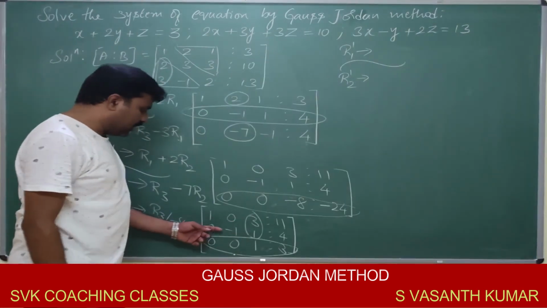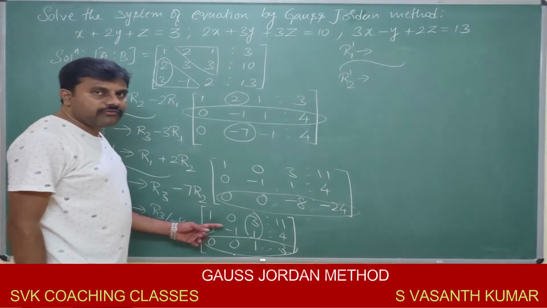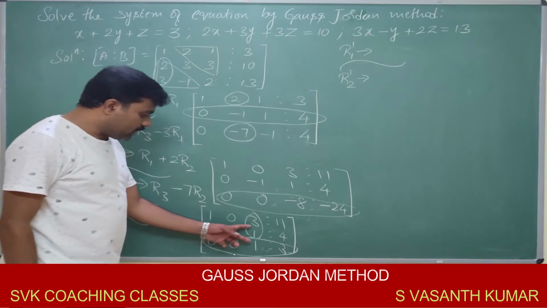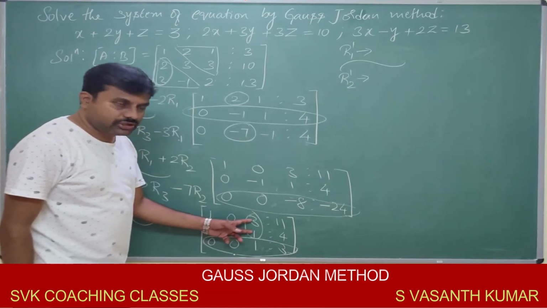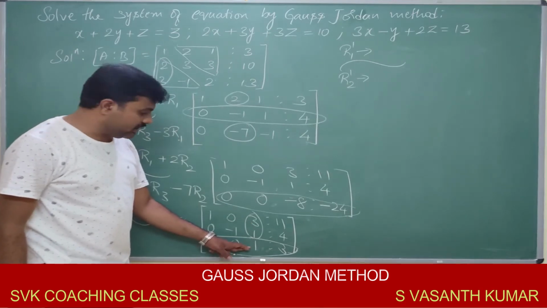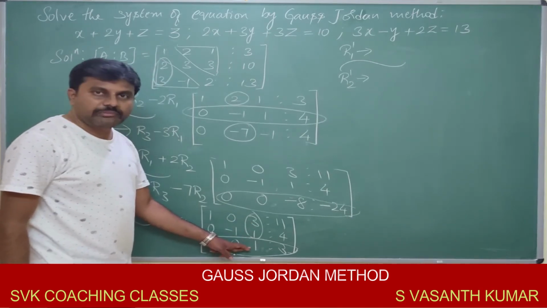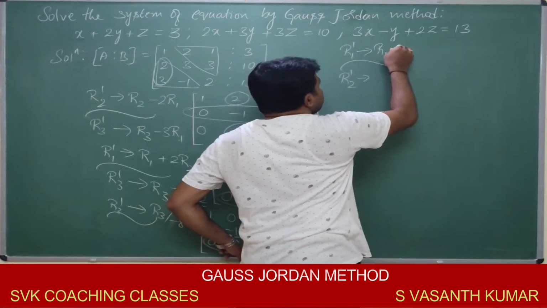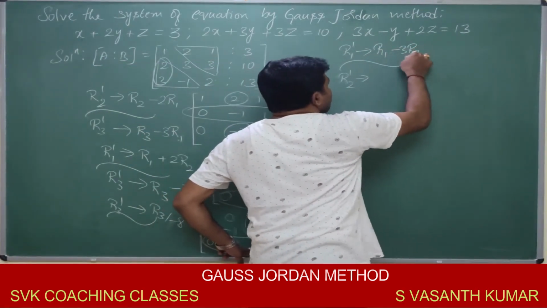These two terms should become 0 by using R3, so 3 minus 3 will be 0. Therefore R3 will be multiplied with 3: R1 minus 3 times R3.